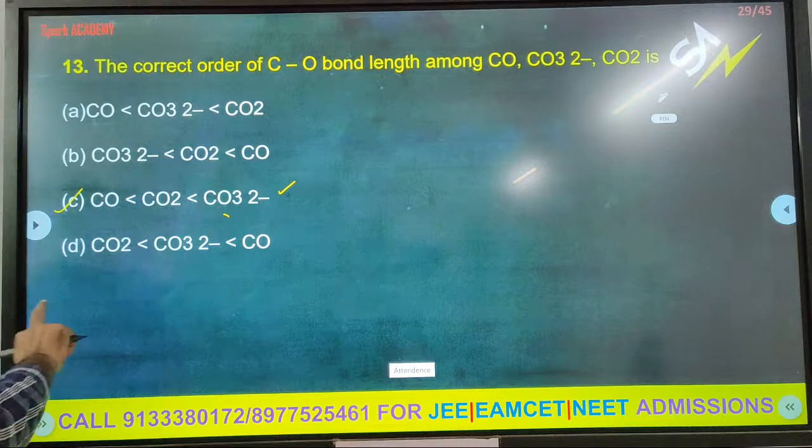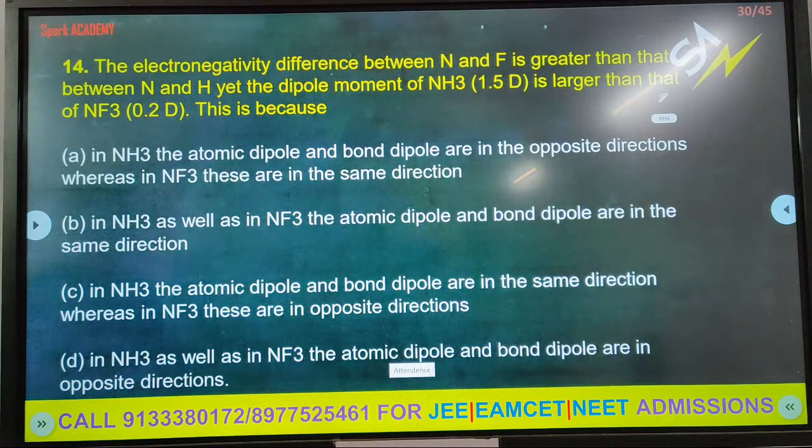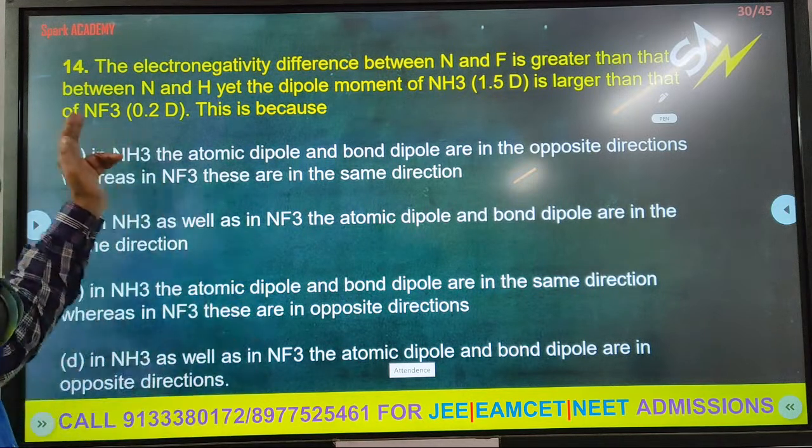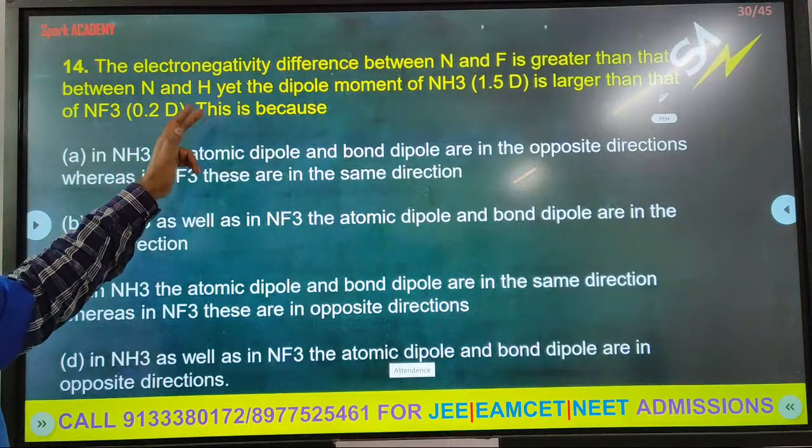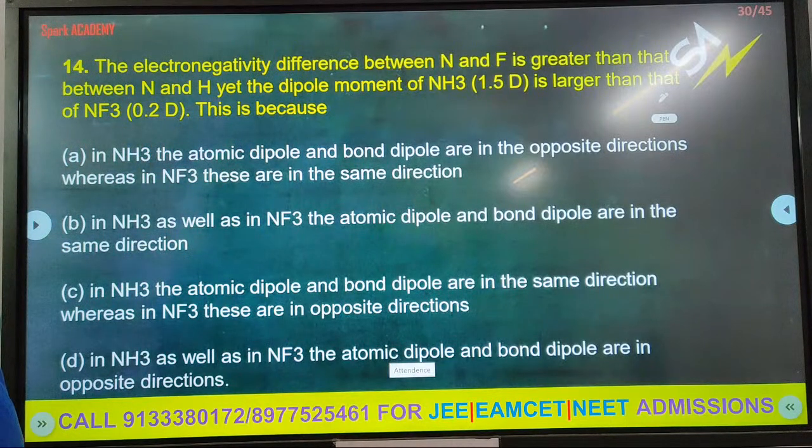Now question number 14. The electronegativity difference between nitrogen and fluorine is greater than that between N and H, yet the dipole moment of NH3, 1.5 debye, is larger than that of NF3, 0.2 debye.